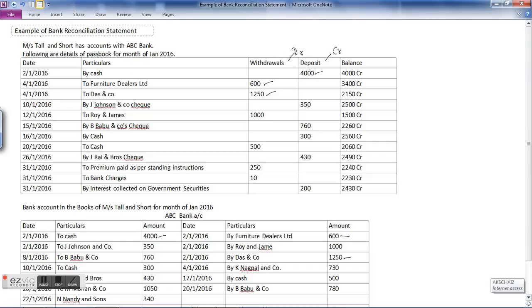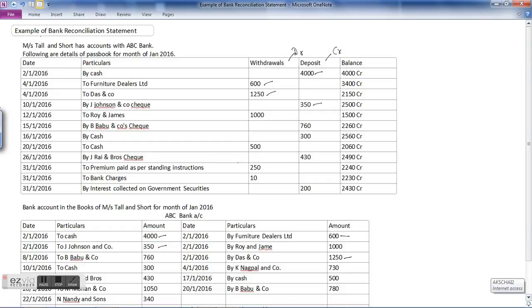It's a credit transaction on 10/1/2016. So we'll look at the debit side. On the debit side you have it on 2nd Jan 2016 to J. Johnson and Company 350.